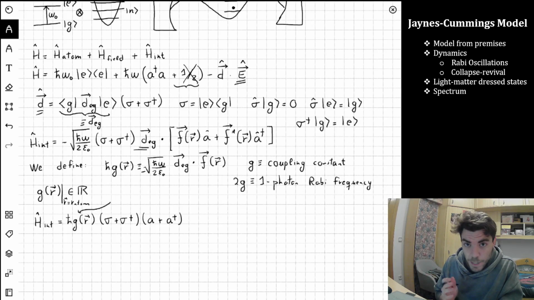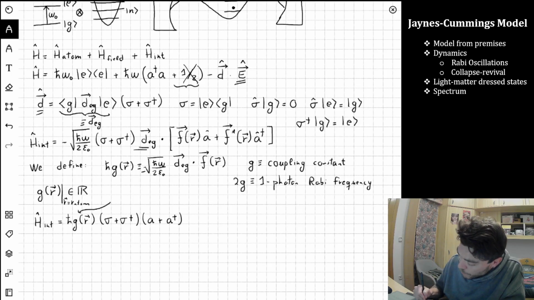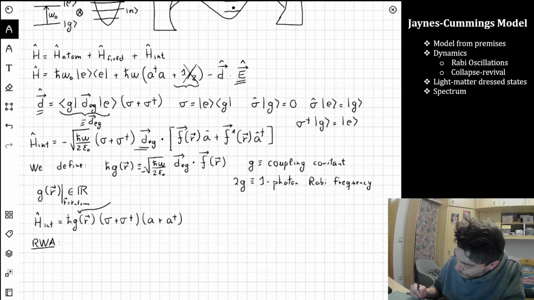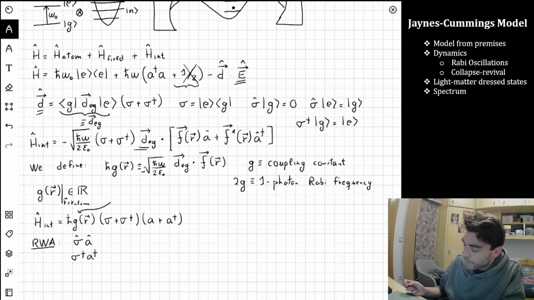But it's the same general Hamiltonian, we haven't made an approximation until now. But now we will make an approximation, called the rotating wave approximation, which we already explained for the semi-classical model. The main idea is that from all the products between the sigma and the annihilation and creation operators of photons, we will have one term that is going to be σa, and another term that is going to be σ†a†.